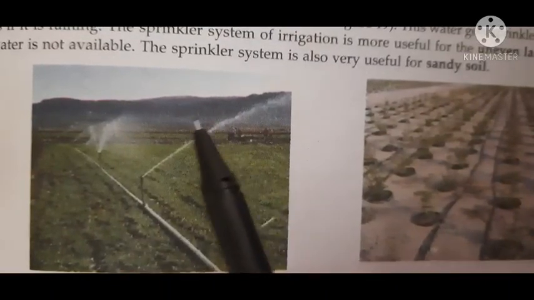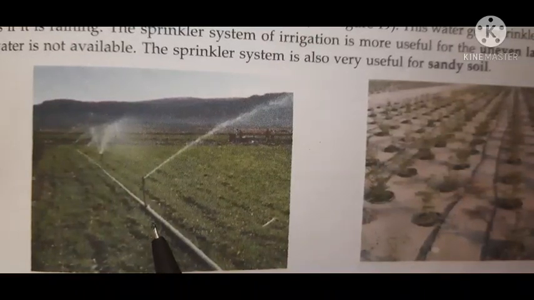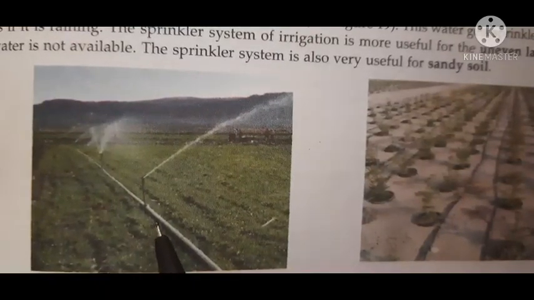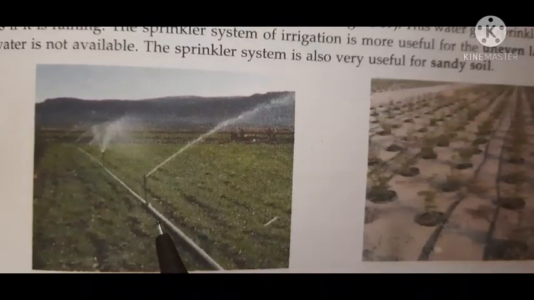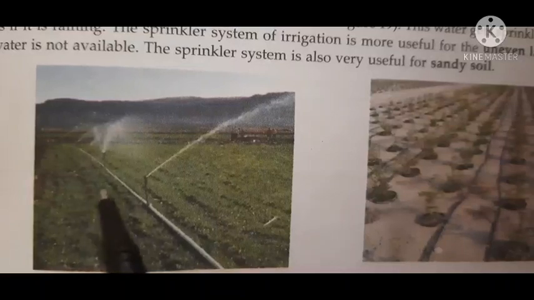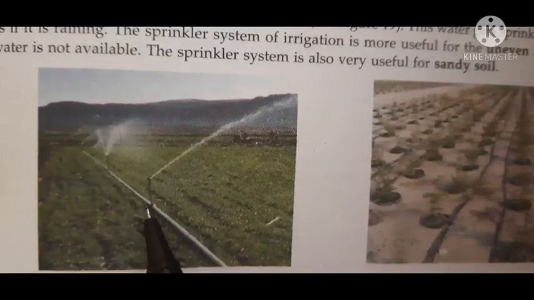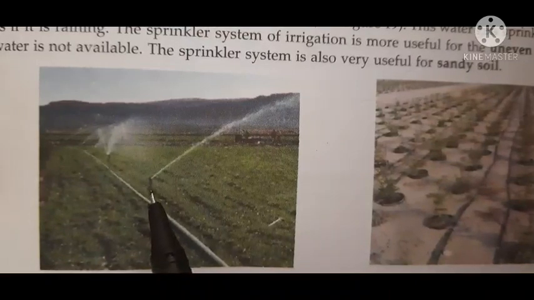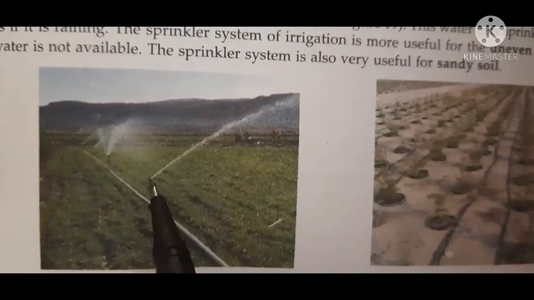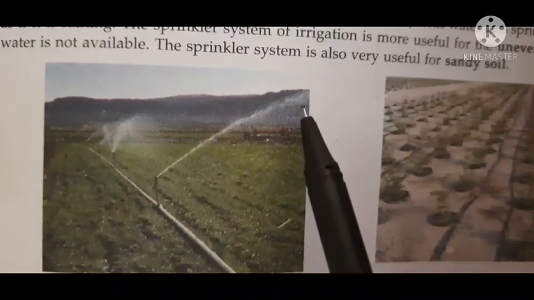So now the water here is supplied by the tube well. We discussed on that day sources of water, tube well, lakes, rivers. So here the water is supplied by the tube well, under pressure. When the water flows under pressure, it rises up through these perpendicular pipes and it waters the crop.